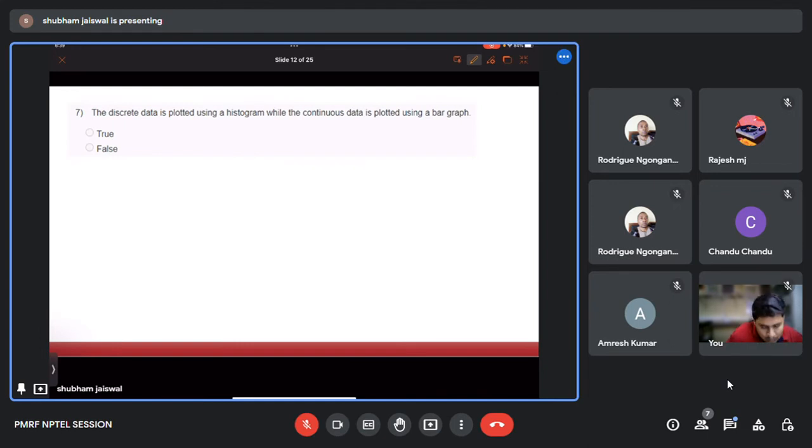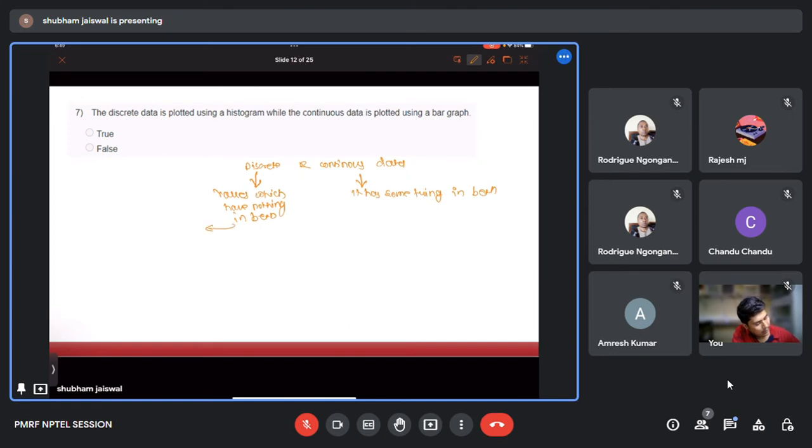Let's see. So we have seen discrete and continuous data. So what is discrete data? The values which have nothing in between, and the continuous data has something in between.